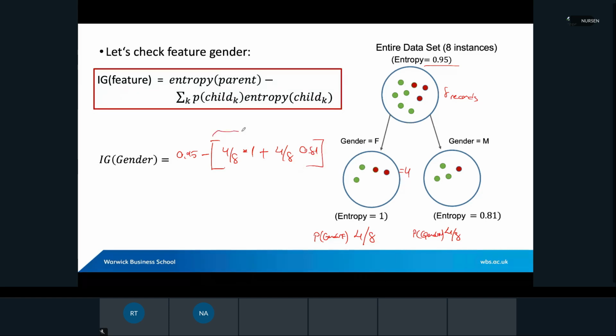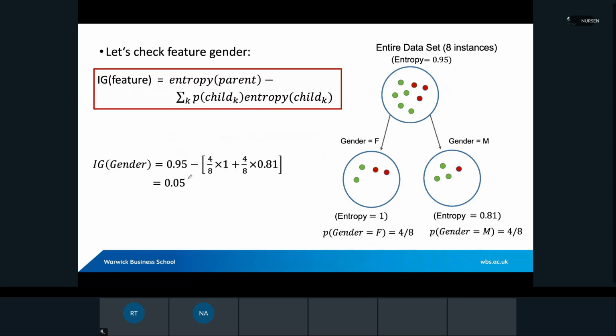And this is the entropy obtained with gender information. And this, as you may remember, is the entire data set, no information. So when we know the gender of the patient, how much can we decrease the overall entropy? 0.05. In age, this was 0.35.